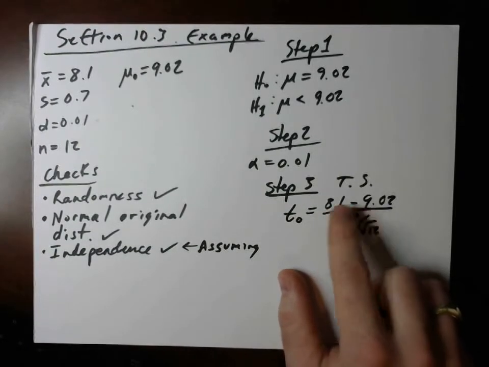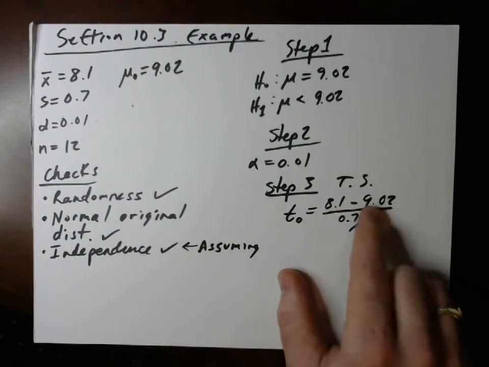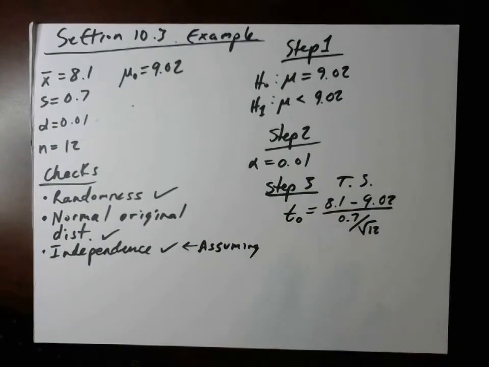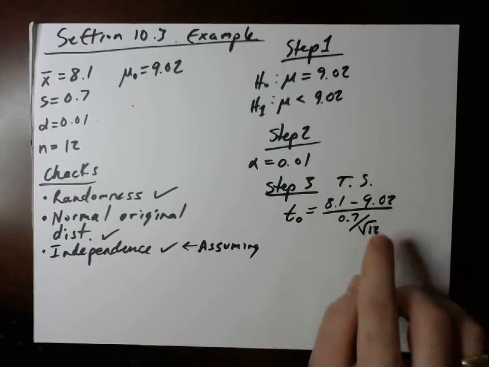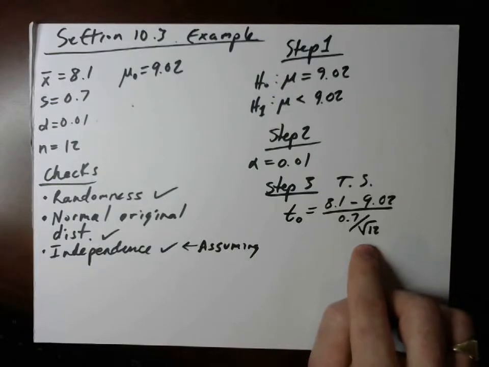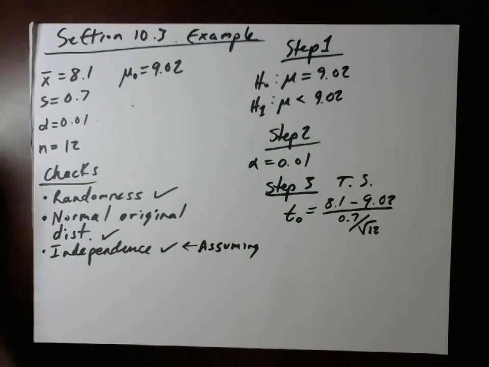So it's not exactly the same, but we wanted to determine how many standard deviations or standard errors we are from the claimed value 9.02. So that's why we divide by the standard error. So we would divide by 0.7 and root of 12.